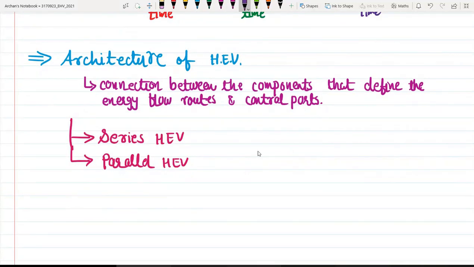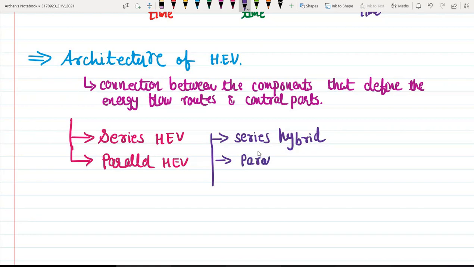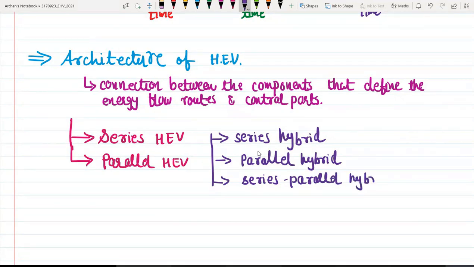And these are known as series hybrid, parallel hybrid, then series parallel hybrid, and the fourth one is complex hybrid. Okay. Now let us try to understand this.